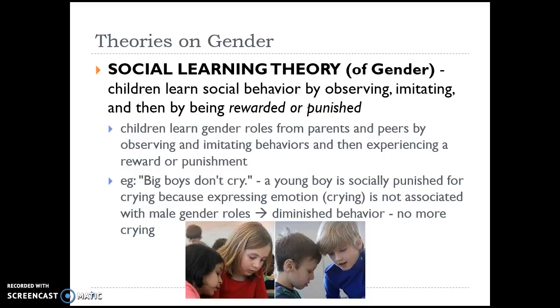So the social learning theory of gender says that children learn social behavior by observing people in their environment, imitating them, and then being rewarded or punished based on those imitations. An example of this would be a little girl who goes into the bathroom and sees her dad shaving, and she wants her dad to put shaving cream on her face so that she can shave as well.